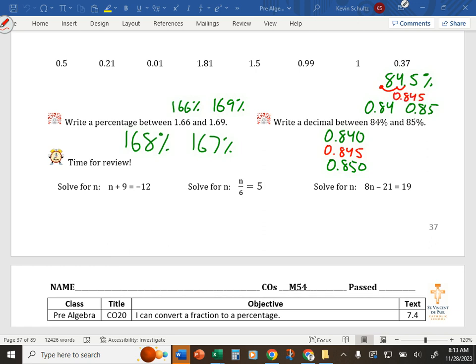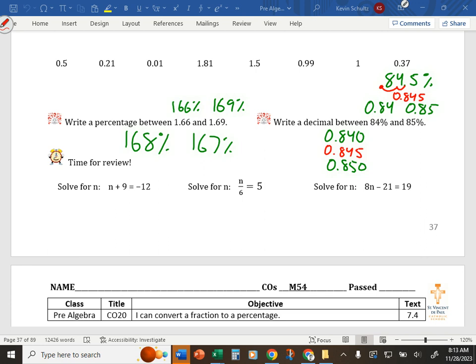So someone said, is it possible to have a decimal between 0.84 and 0.85? Sure. If you think about adding that extra digit, that zero, between 840 and 850, you could have 0.841, 0.842, 0.843, 0.844, anything between 840 and 850.